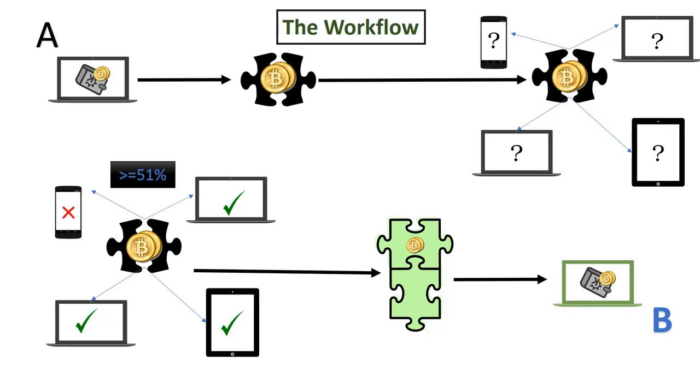Once everyone verifies that A has the required amount of money to send to B, and that it is actually A sending that money to B, and the transaction is authorized, it gets added to the previous block of transactions and the money is received by B.